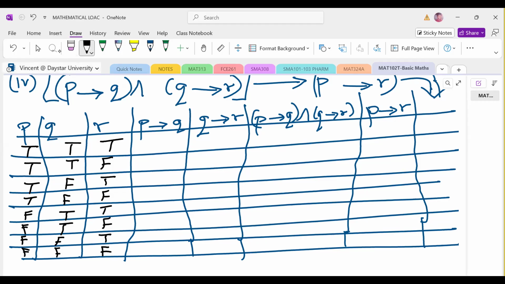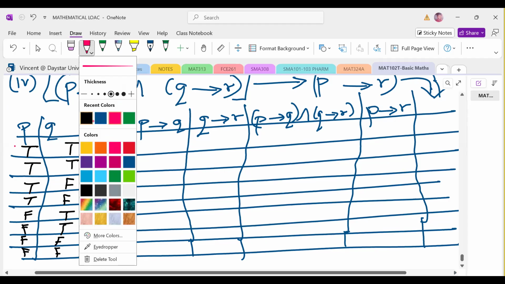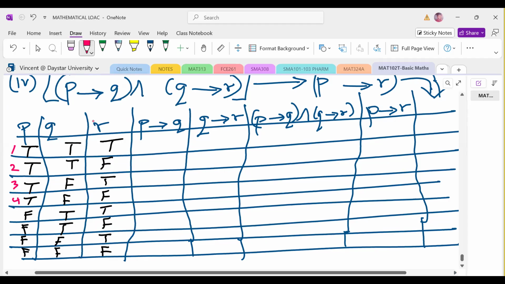We will have row 1, row 2, row 3, row 4, 5, 6, 7, 8. So which rows will give us an F in this column? That's why we are an expert.